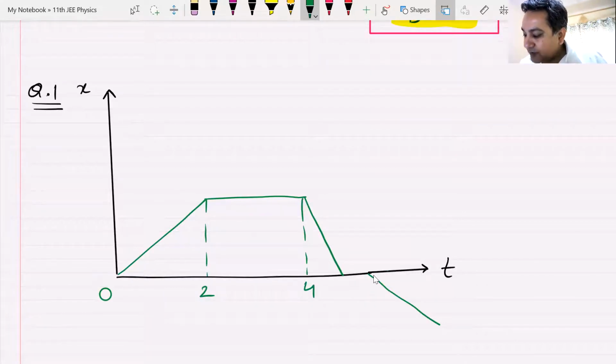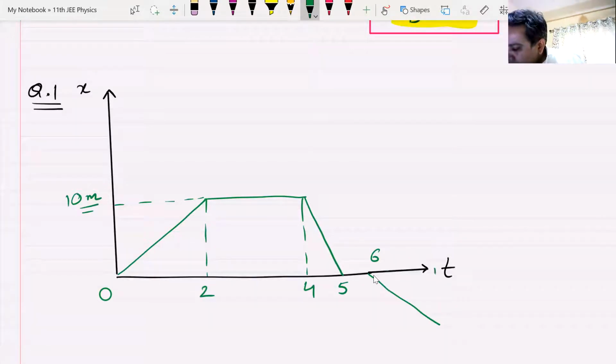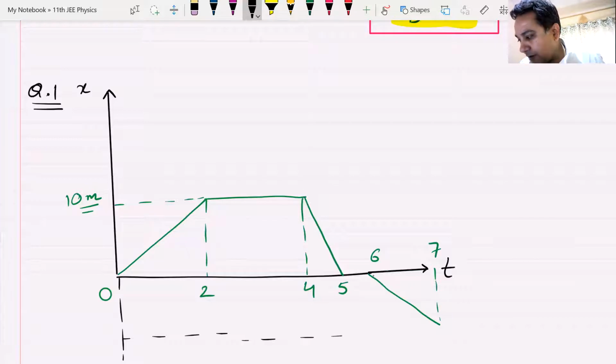Here the time is 4 seconds. Here the time is 5 seconds. Here the time is 6 seconds. Here the position is plus 10 meters. Here the time is 7 seconds and the position is -5.